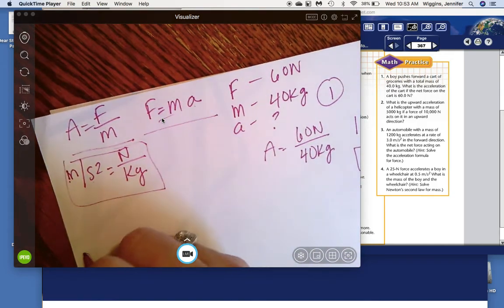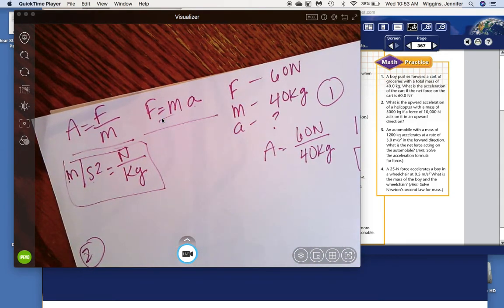All right, number 2. What is the upward acceleration of a helicopter with a mass of 5,000 kilograms if a force of 10,000 newtons acts on it in an upward direction?